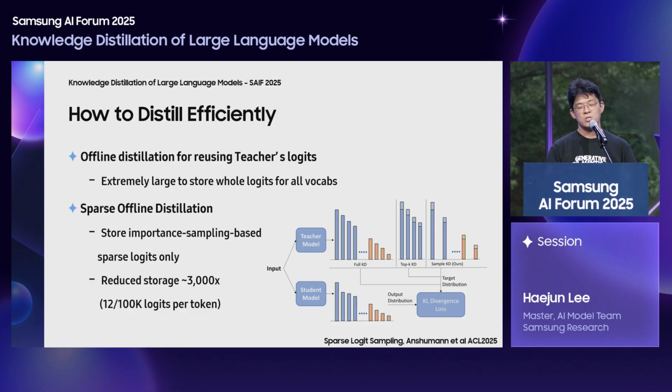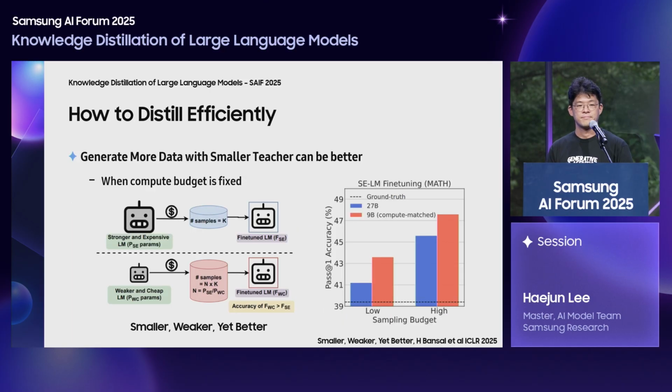We did not go for the top-k approach. We followed the teacher's distribution and then looked at importance sampling-based sparse logits. So 12 out of 100,000 logits per token was good enough for us, and the storage requirement was reduced by 3,000 times.